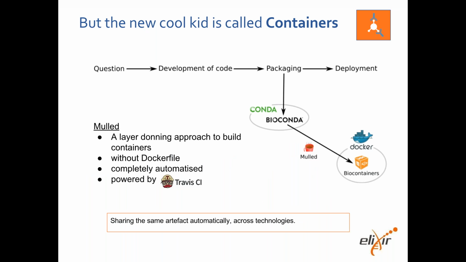How this works in the Docker way is we have created a layer-donning approach to build containers that doesn't involve Dockerfiles at all. It's completely automated and it's all happening on Travis, so on a continuous integration setup. The point is that we really just take the binaries from one technology and put them in the other technology, so there is no Dockerfile needed.